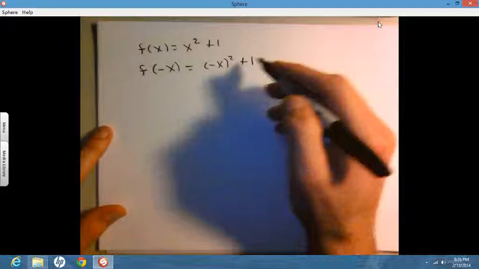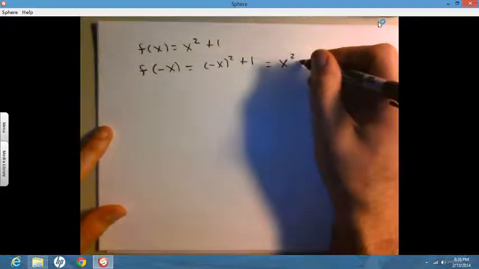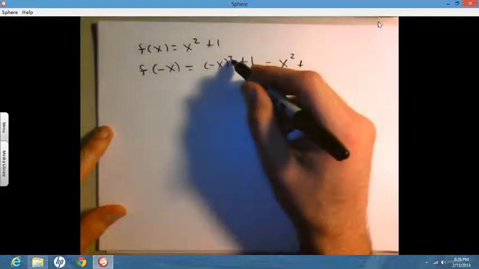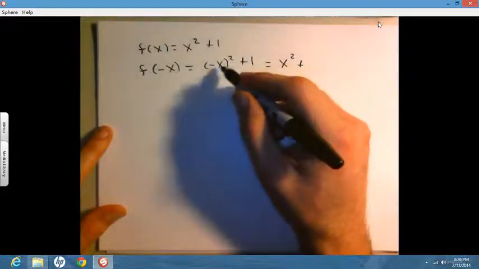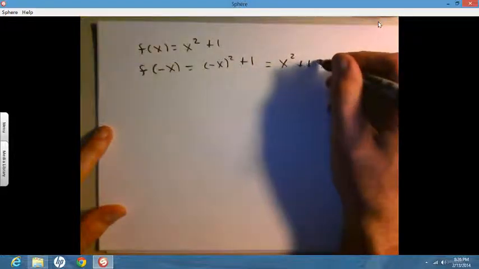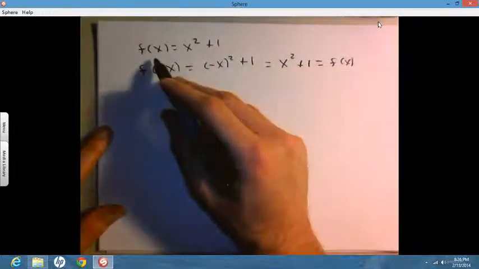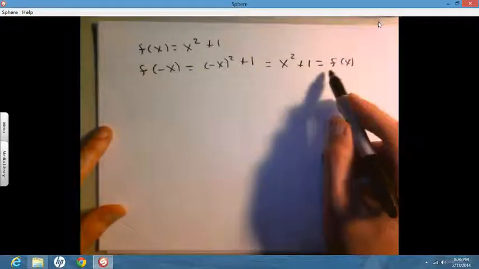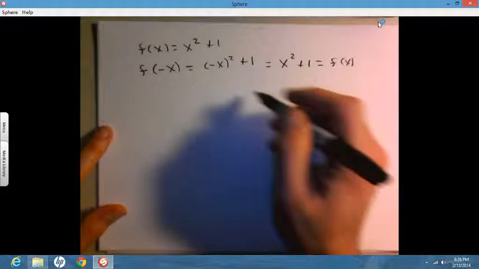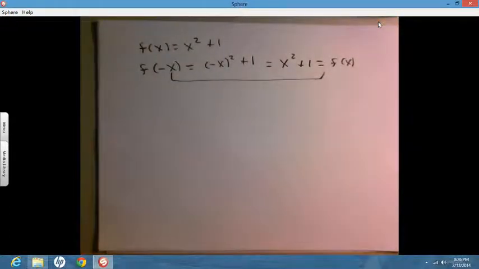Well, negative x squared is just x squared. Whenever there's a parenthesis raised to an even power like that, the negative sign with the x is going to go away. So it becomes x squared plus 1, but that's exactly what f of x is equal to, right? f of x is just x squared plus 1. So we have that f of negative x is equal to f of x. Sounds good, right?